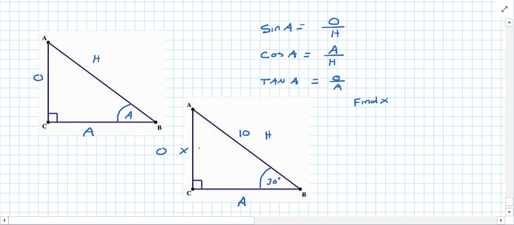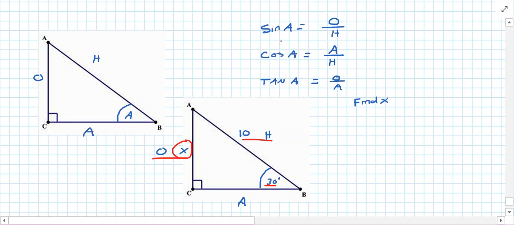The next part is to look at the problem. We can see that we are taking the opposite, which is this side, and the hypotenuse, which is this side, into account. And they've given us this angle here, and they're asking us to find the length of the opposite. Let's find x. So we identify which of these formulas takes into account the angle, the hypotenuse and the opposite.